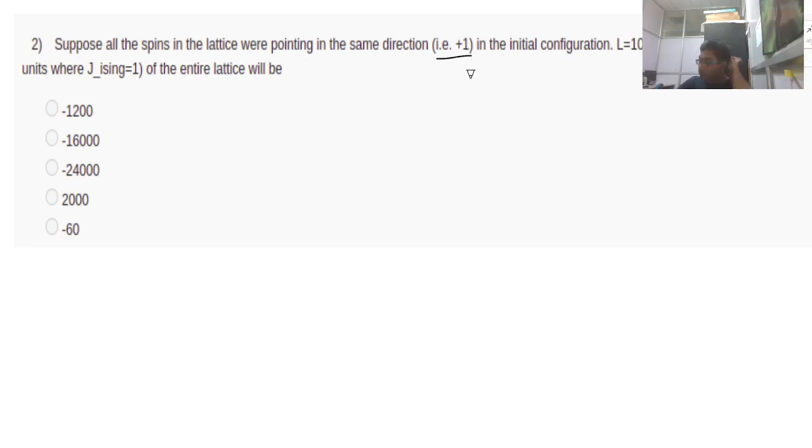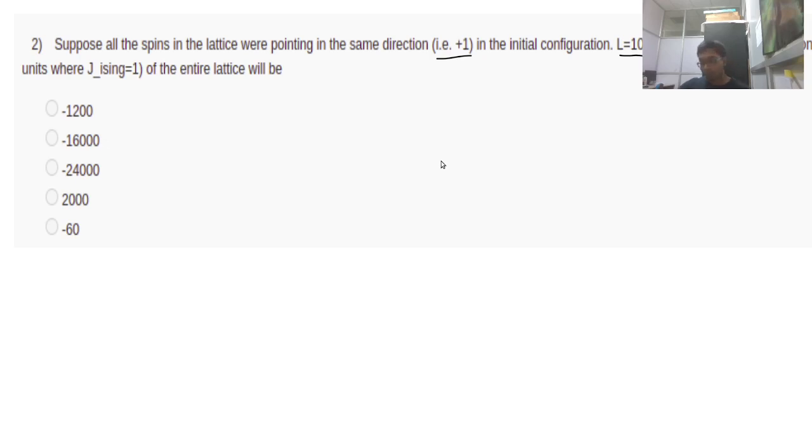So what we need to do is initialize the lattice in such a way that we give all of the spins a value of +1, and it is asking for L to be 10. That means in each direction you will need to have 10 lattice sites. So that will give 1000 lattice sites in the entire lattice, and what it needs us to calculate is the total energy of the entire lattice. Initially you were calculating the magnetization, and in this question you need to calculate the total energy, and here all the spins are given to be +1.